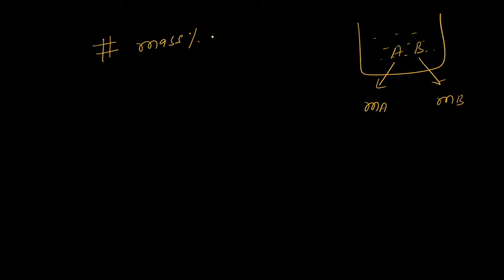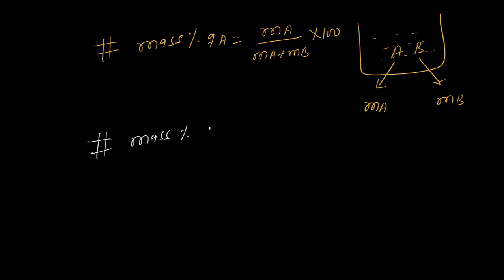If you want to find the mass percentage of A, it will be equal to mass of A upon total mass into 100. And the mass percentage of B will be equal to mass of B upon total mass into 100. So this is the mass percentage.